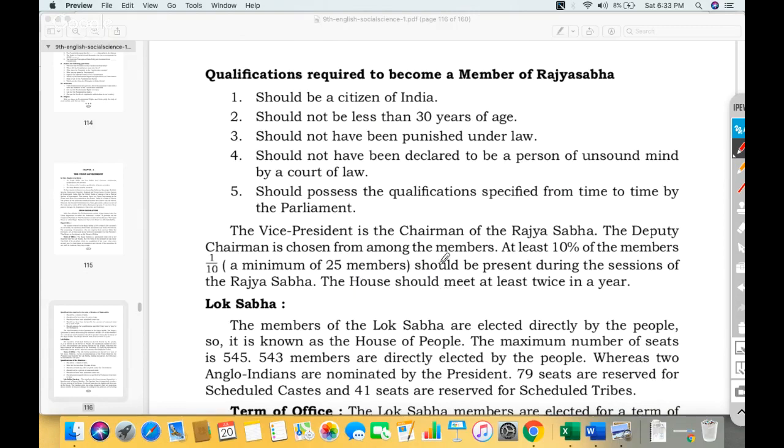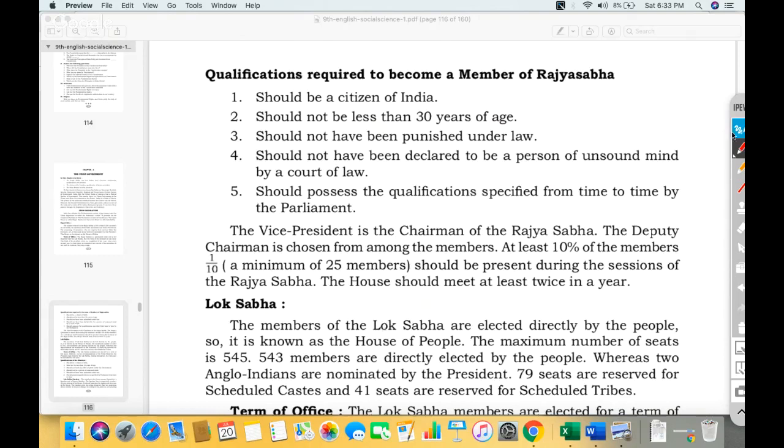So 245 divided by 10 is 24.5. 24 is less than 24.5, so this is not acceptable. So 25 members should be present for the house to be functioning. If less than 25 members are present, then the house cannot function. So this is called quorum.